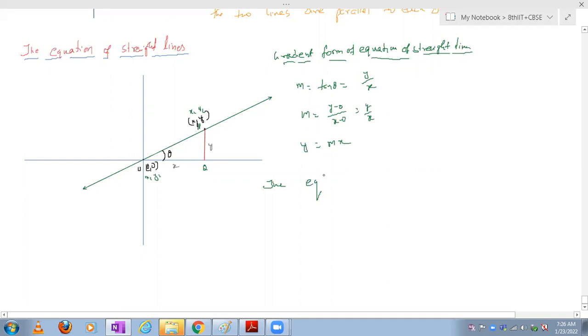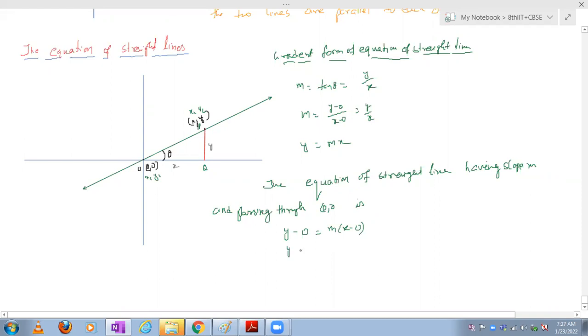The equation of straight line having slope m and passing through 0, 0 is y minus 0 is equal to m into x minus 0.